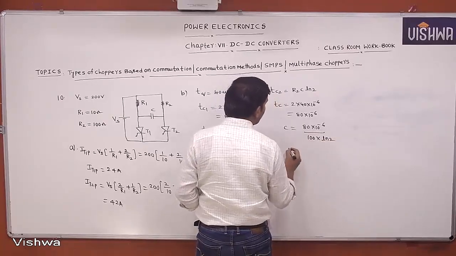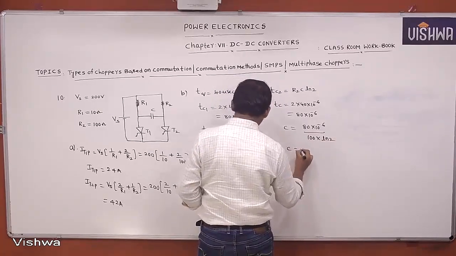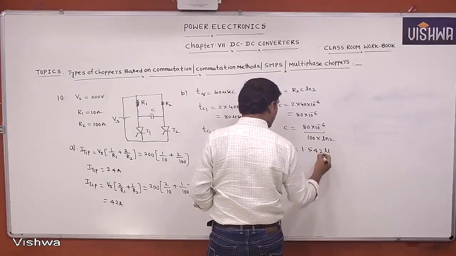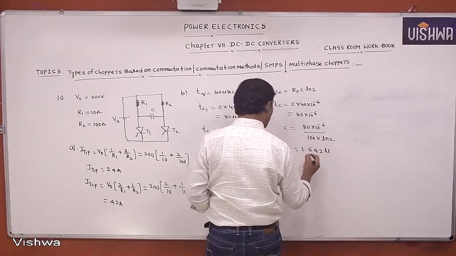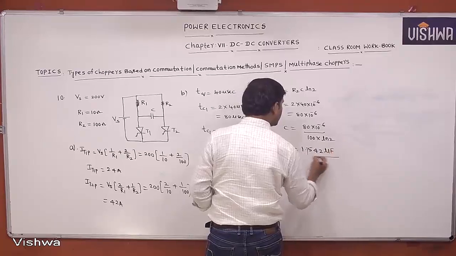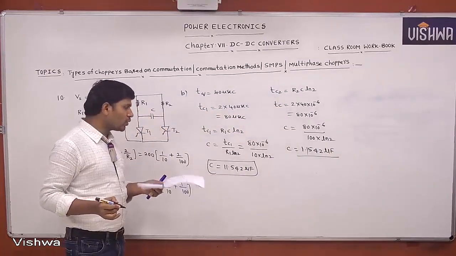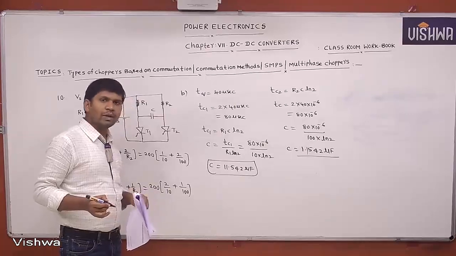We get 1.1542 microfarad, and for T1 it was 11.542 microfarad.